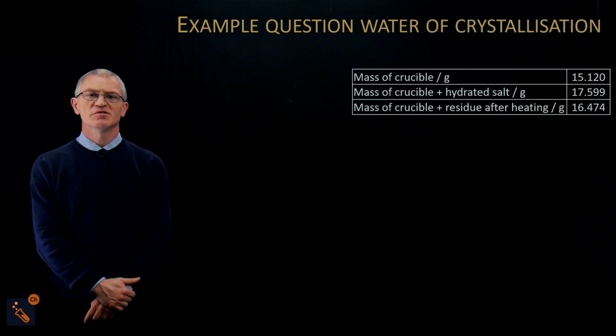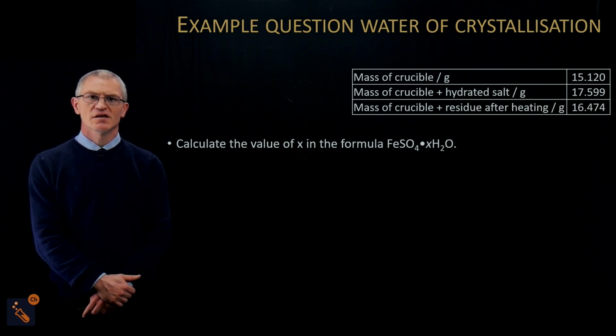So let's get on with doing the main part of the water of crystallization question. This is where you take the data to produce the ratio between the water and the salt. The question itself is: calculate the value of x in the formula FeSO4.xH2O. So you have to determine what x is.